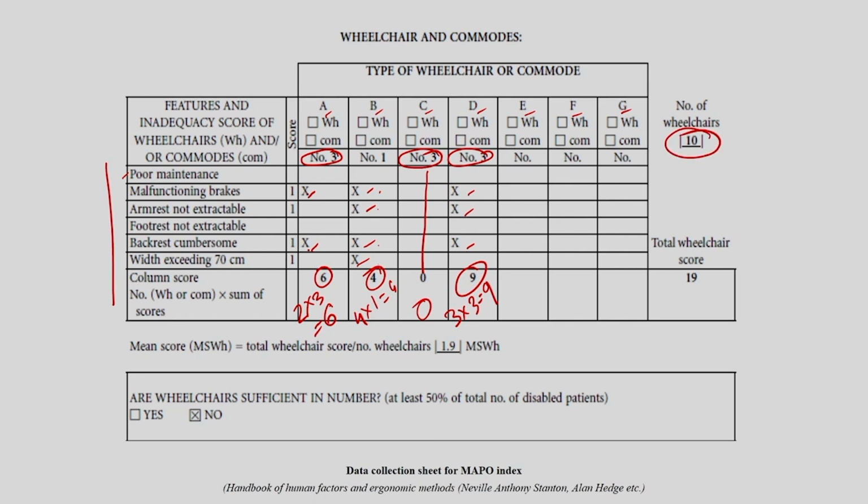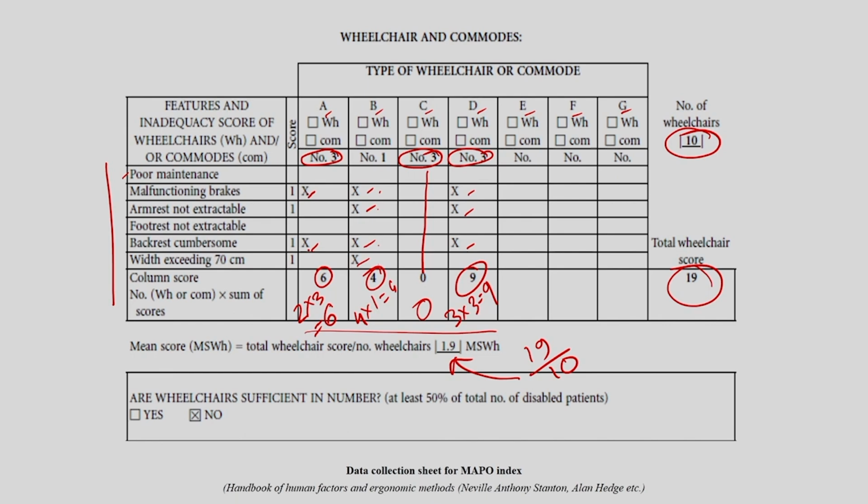In one category the value is 6, another category 4, third category is 0 and the last category is 9. So, total score becomes 19. Then what is the mean score of the wheelchair? 19 divided by 10, that is 1.9. That is the mean score for wheelchair.